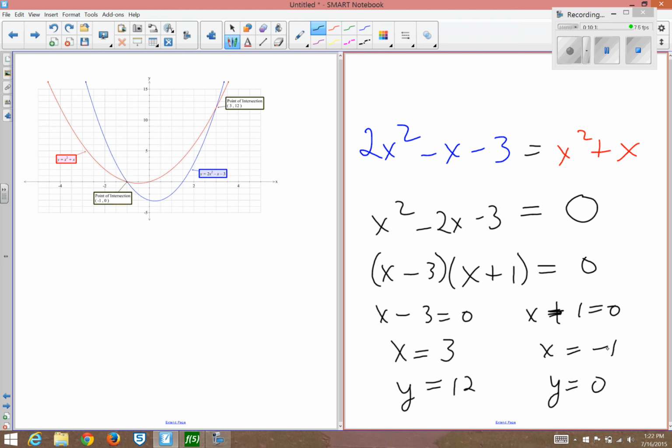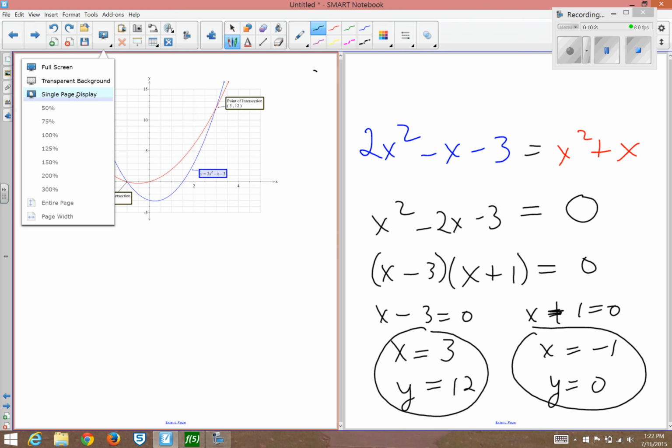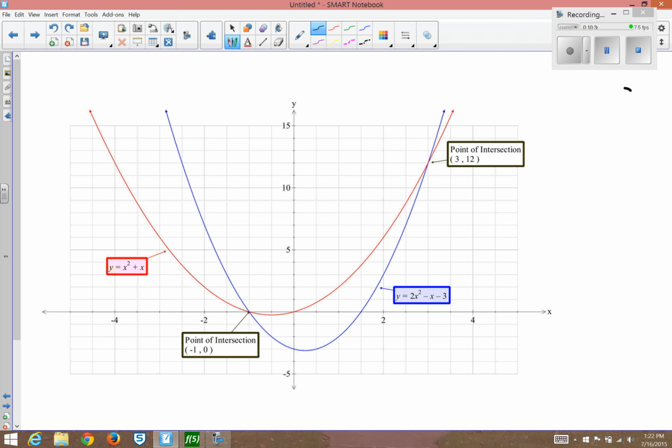You'd get 0 if you plug -1 into the blue also. So 3, 12 is an intersection point, and -1, 0 is an intersection point. So that's how we found this point 3, 12 and this point -1, 0.